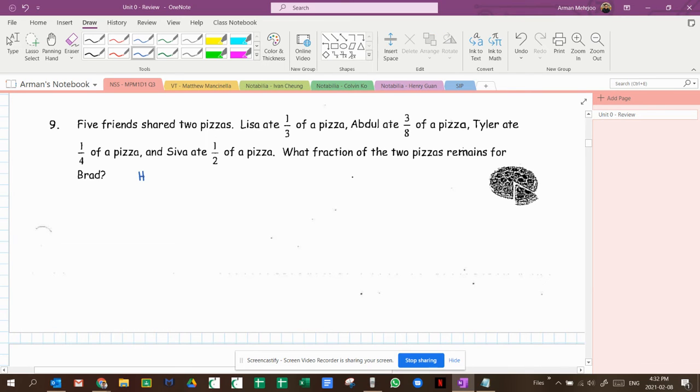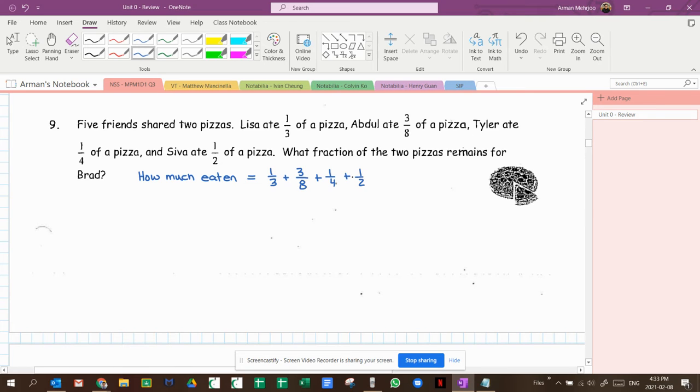So let's see how much pizza is already eaten. Well, to figure out how much is eaten, I just have to add up all these different fractions. So 1/3, 3/8, 1/4, and 1/2.